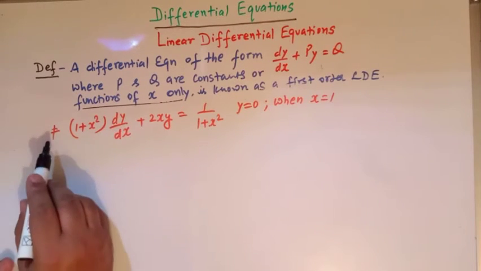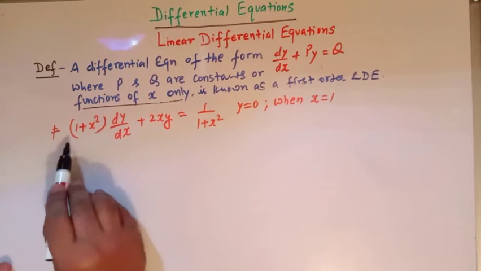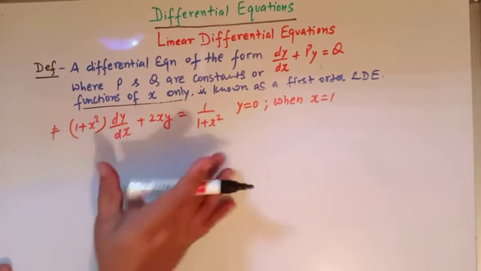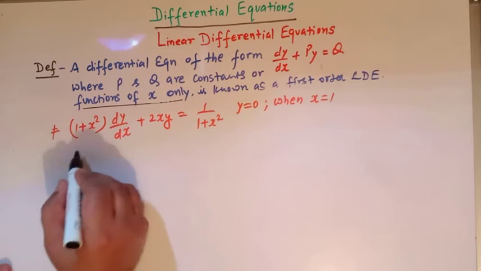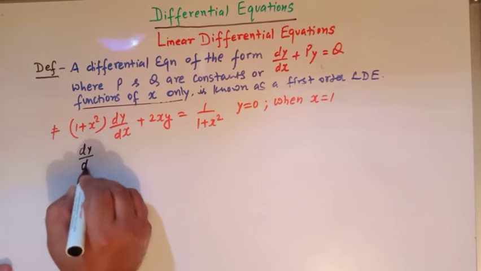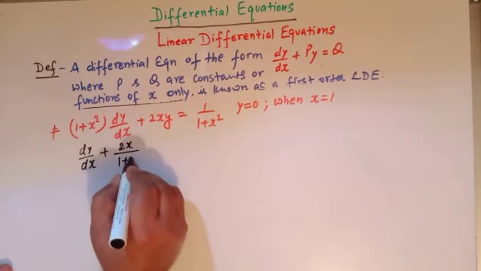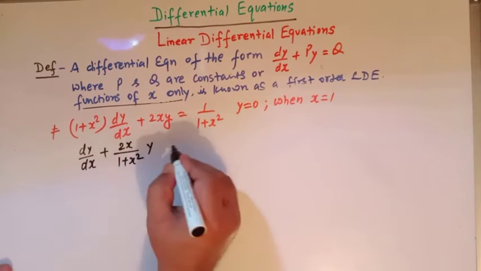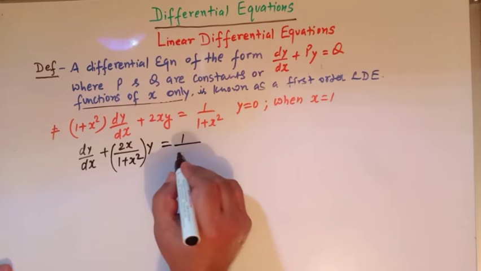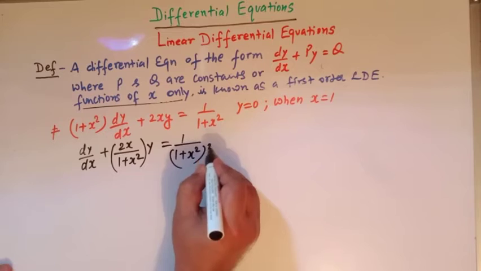Now viewers, let us solve this differential equation. Now this differential equation can be written after dividing both sides by 1 plus x square. So we have dy over dx plus 2x divided by 1 plus x square times y is equal to 1 over 1 plus x square whole square.